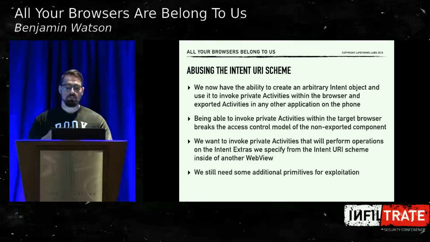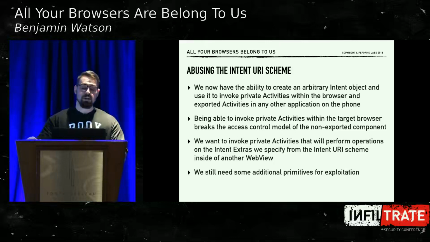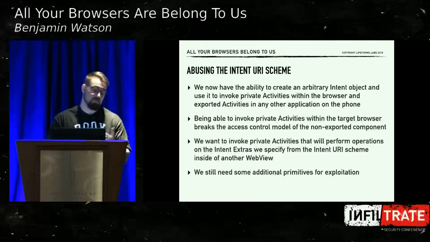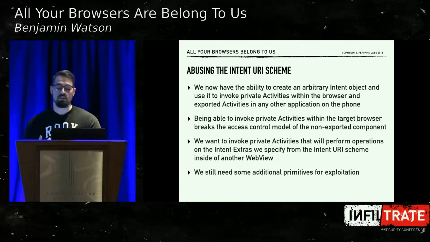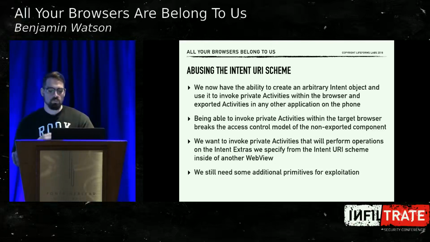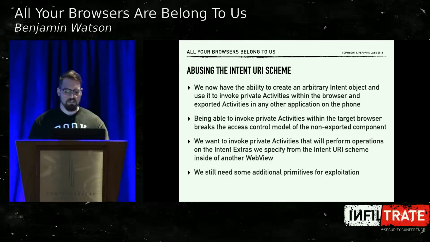So effectively, because we have bypassed and broken this whole access control model, we can now target activities that the developer has not made public on the phone, and they've probably made a lot of decisions based off of this overall trust model not to sanitize any of the intents that have come in or check on those operations. So we do need some additional primitives for an overall exploitation context.